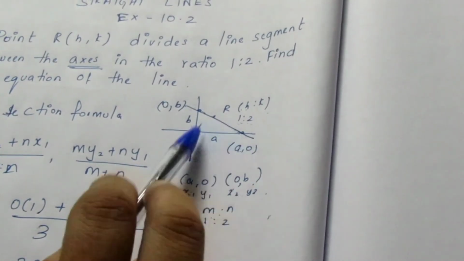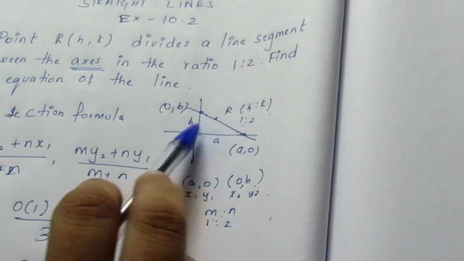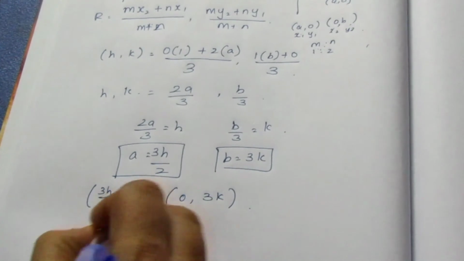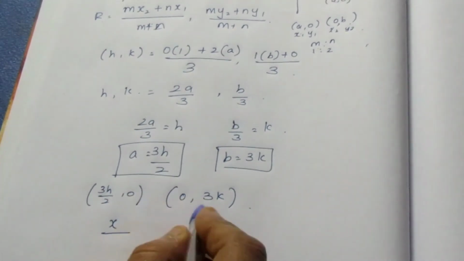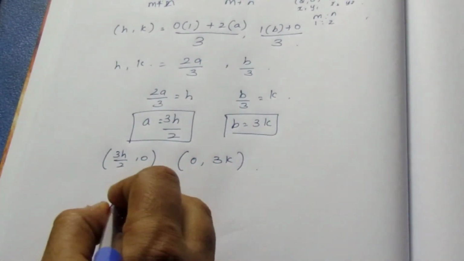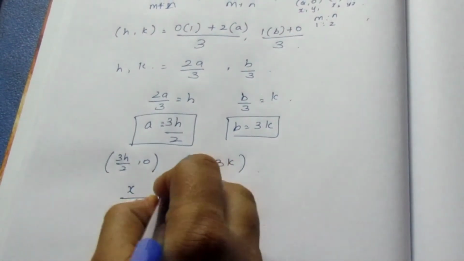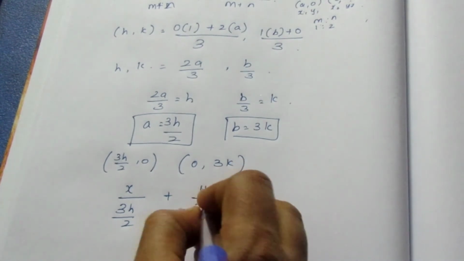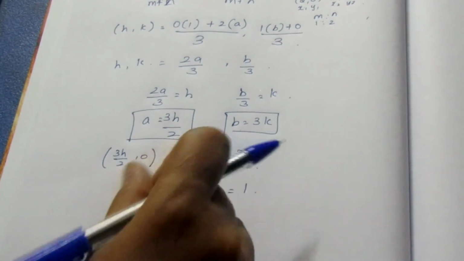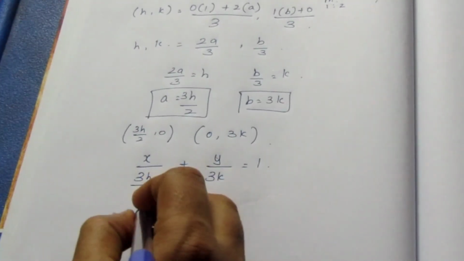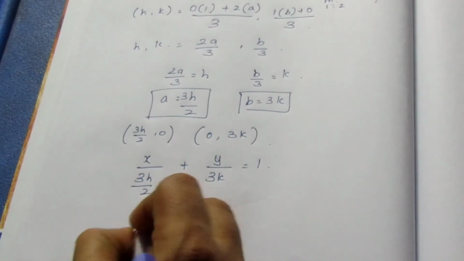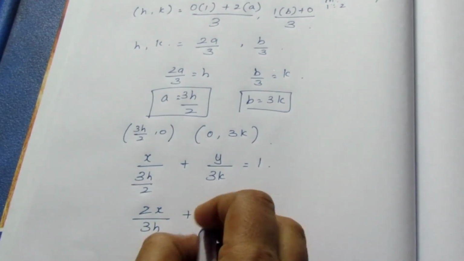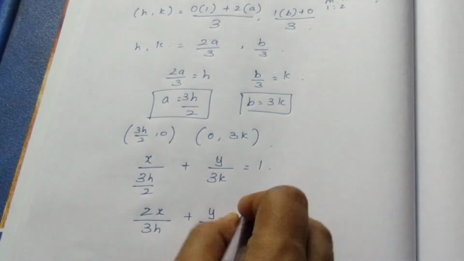So we can also form the intercept formula and write the values of A and B. That is quite easy compared to forming the two-point equation: x by 3h by 2 plus y by 3k is equal to 1. Now this goes as a reciprocal, and it becomes 2x by 3h plus y by 3k equal to 1.